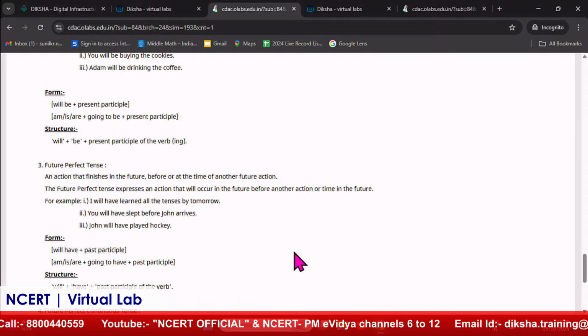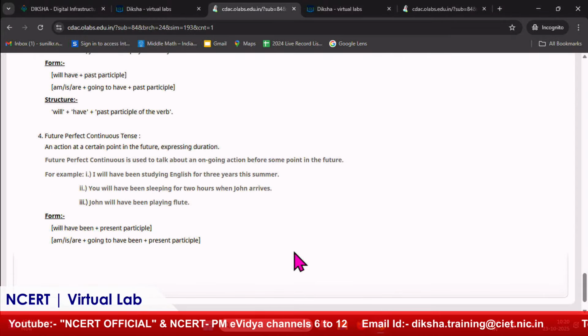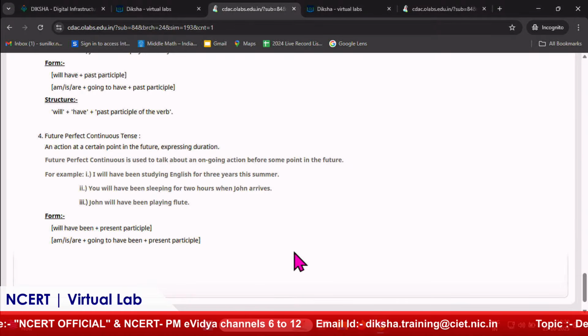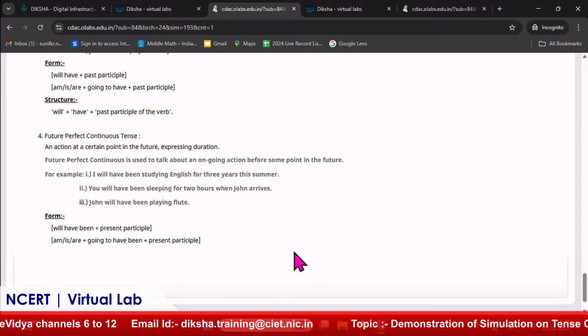And the final one, the 12th one, is future perfect continuous, very similar to past perfect continuous, an action at a certain point in future. Like we discussed, past perfect continuous was a duration of time in the past. Similarly, this is a duration of time in the future, expressing duration.